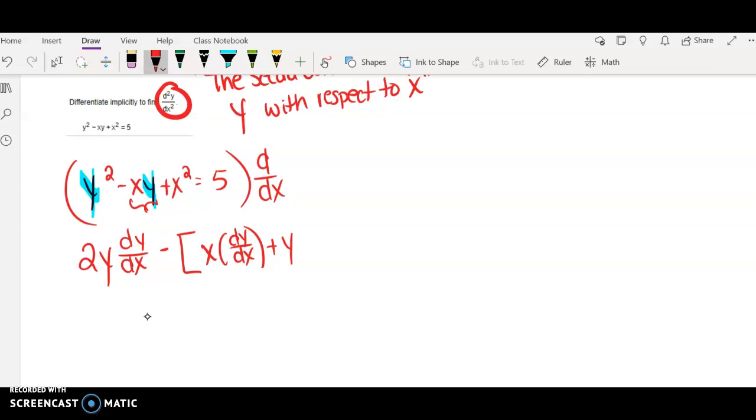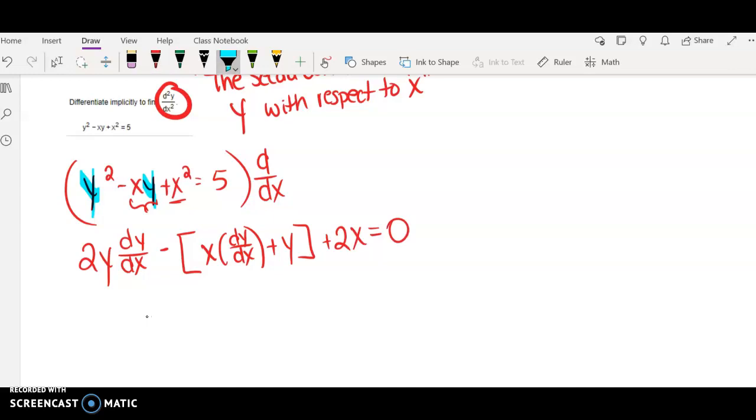The derivative of x is 1, so I don't really have to put it there. So I'm going to close my bracket. Plus, and then the derivative of this last term, x squared, is going to be 2x equal to 0.